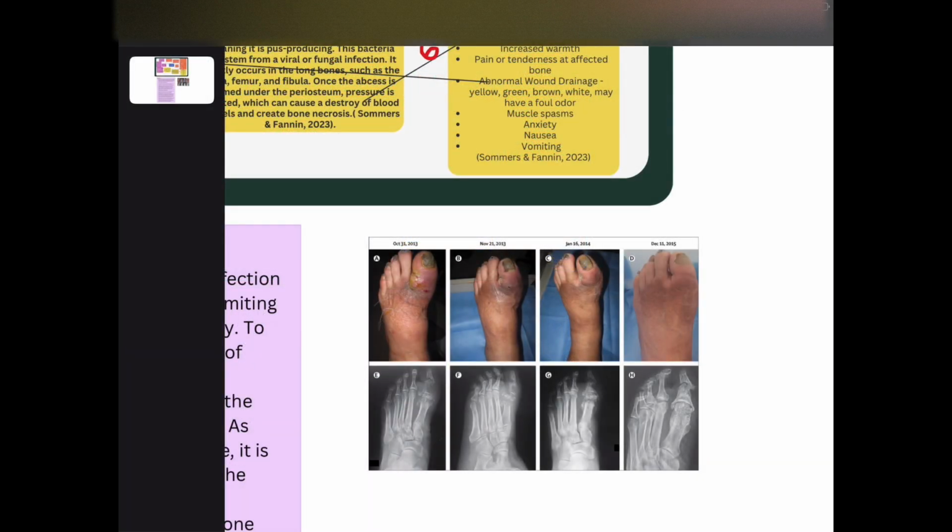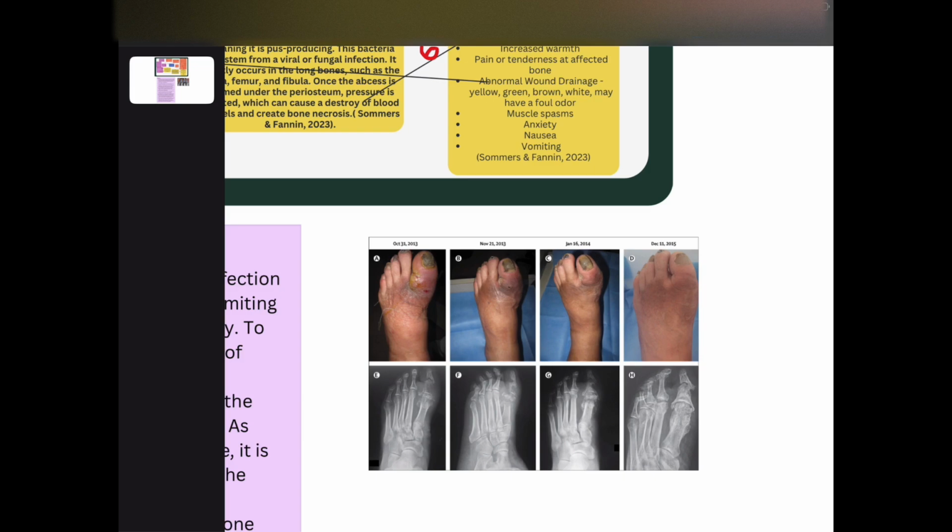With this infection, the bone tissue will become inflamed, swollen, and eventually overrun by the infection. Without proper treatment, circulation to the bone decreases, and it leads to chronic infection, necrosis, like I said, and even amputation in severe cases.